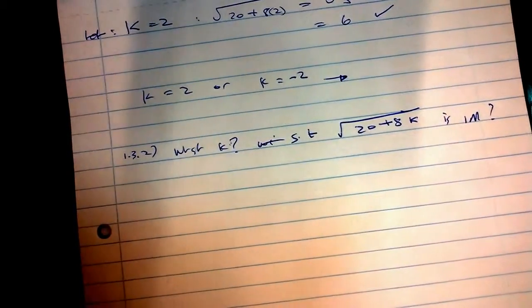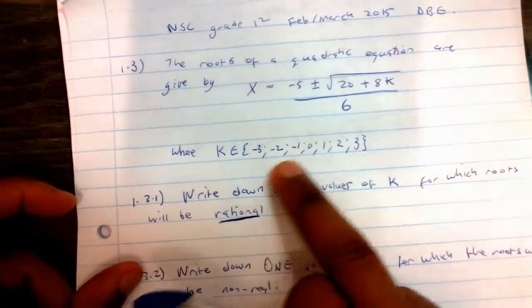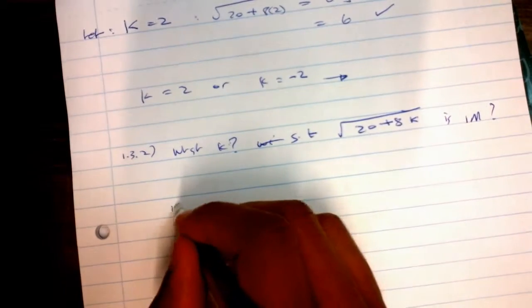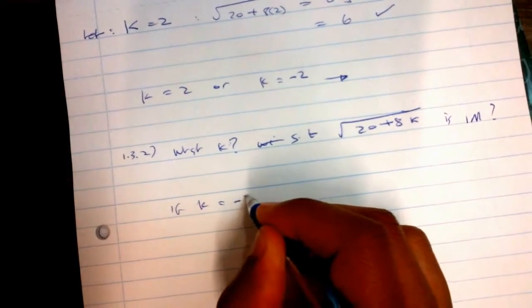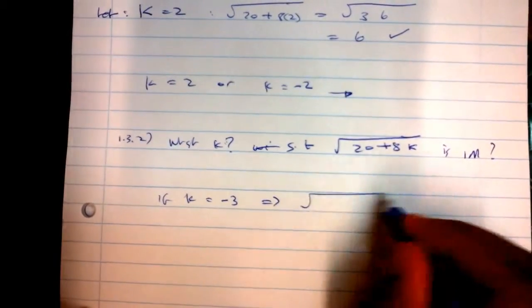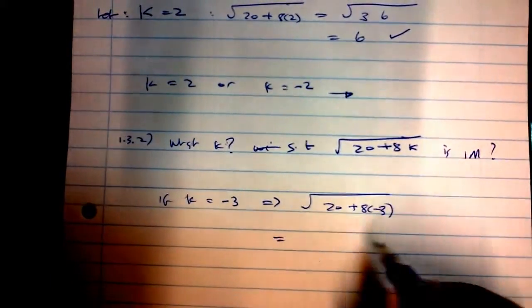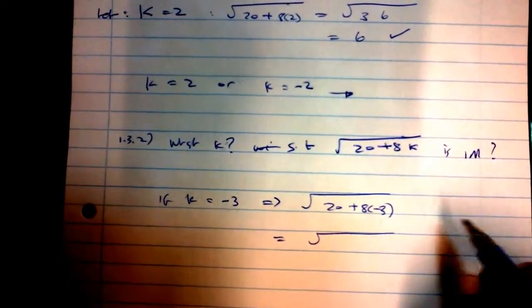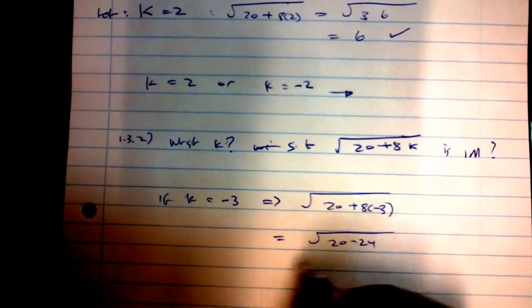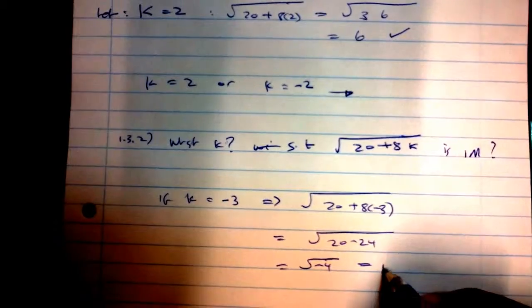So let's now test our values of k. You know that k can be negative 3 all the way to 3. So let's start when k equals negative 3. If k equals negative 3, what do we get? We get root of 20 plus 8 times negative 3, which equals 20 minus 24, root of negative 4, and this is imaginary.